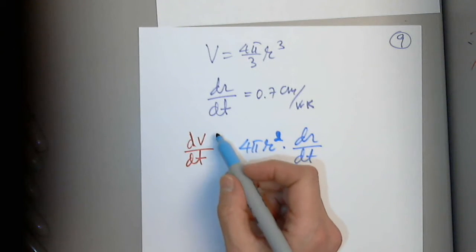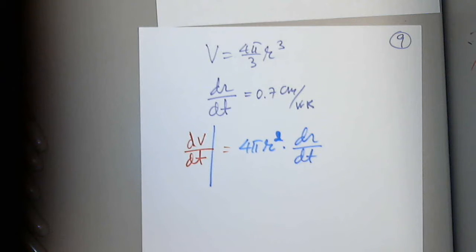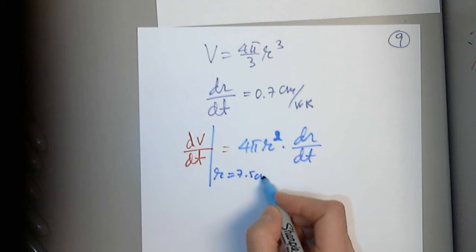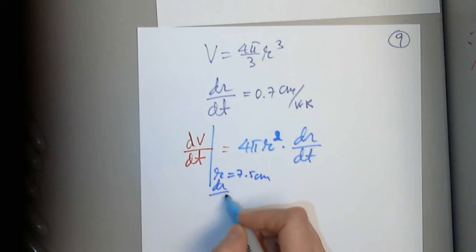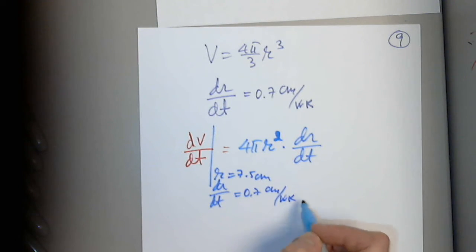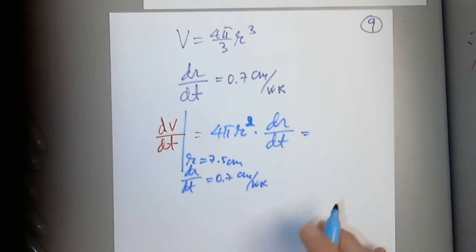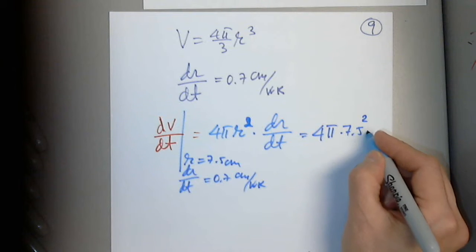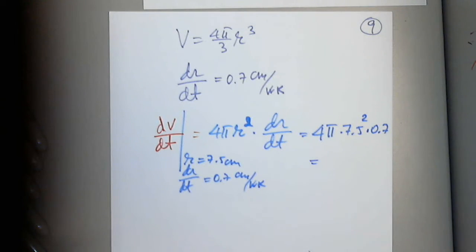I have everything I want. It says radius is 7.5 centimeters, and dr over dt equals 0.7 centimeters per week. And that's it. 4 times pi times 7.5 squared times 0.7. I'm waiting for you to give me the measurement unit, and I can calculate this.